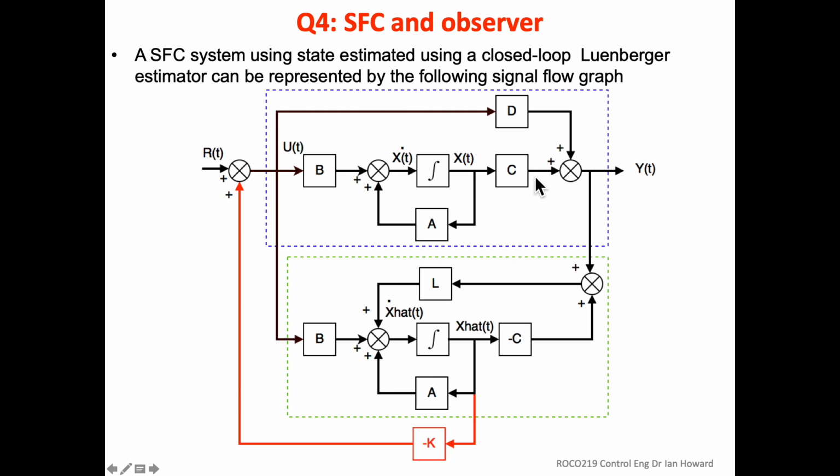When we put full state feedback control in, normally what we do is we tap, if we did it directly from the system, we get it from here, from X, and we'd feed that through -K and we'd feed that back. But now we're using this Luenberger observer, so we've stuck down here the observer, which is effectively a model of what we've got up here, right? So this is the plant in this case, and this is a model of the plant, so it's got an X hat dot and an X hat rather than X dot and X. So X hat means it's a prediction.